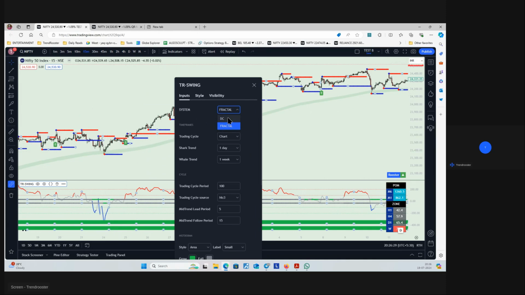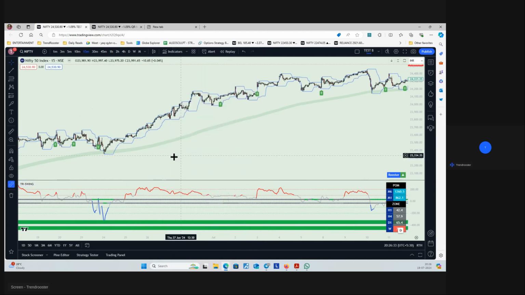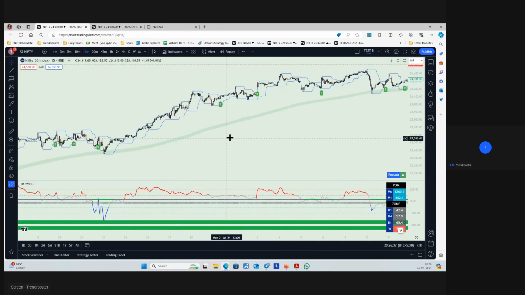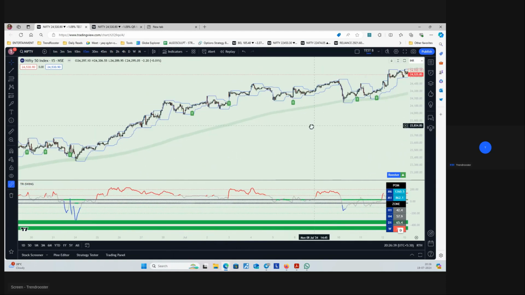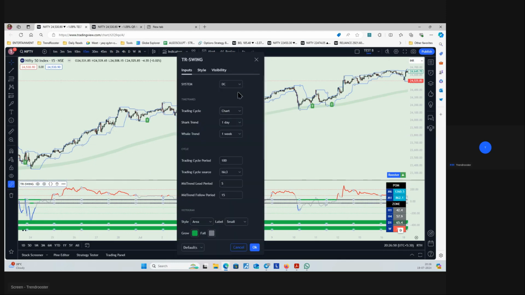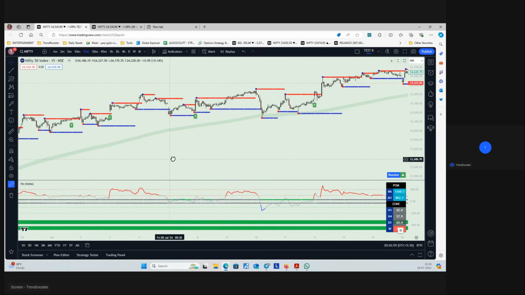If I choose DC and then click OK, voila, you see the DC breakout arrows. Okay, fractal. Then this is our typical breakout. I prefer fractal DC for aggressive.